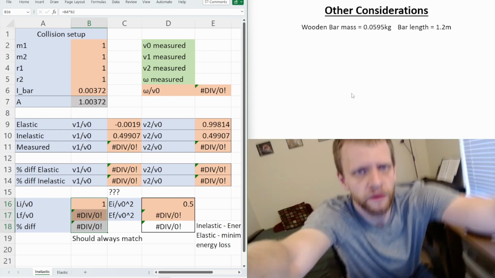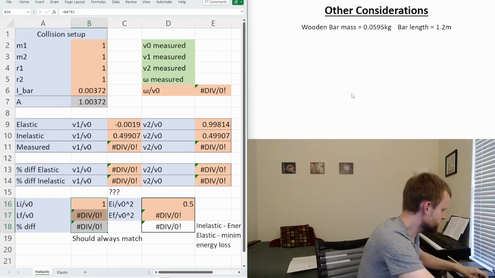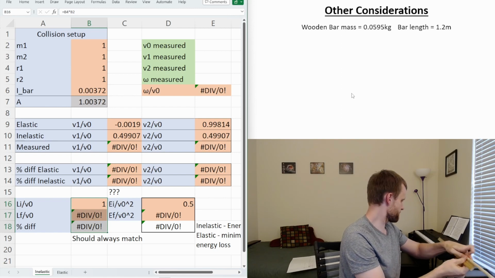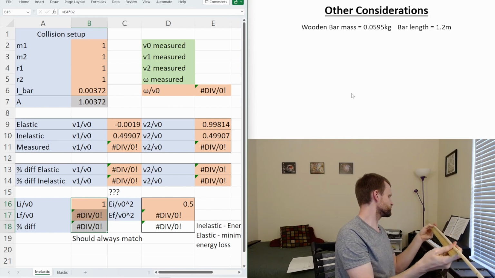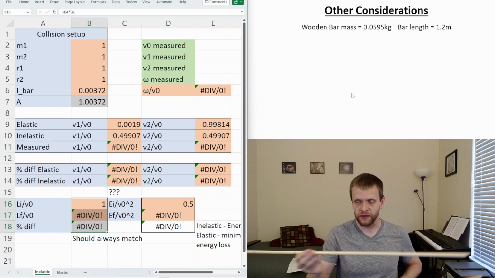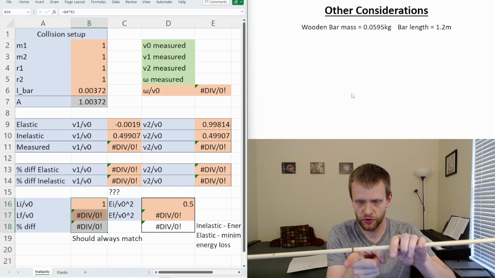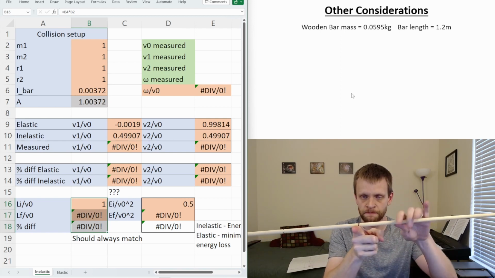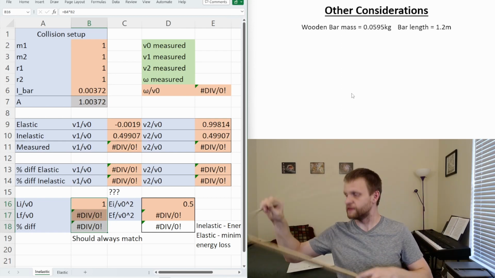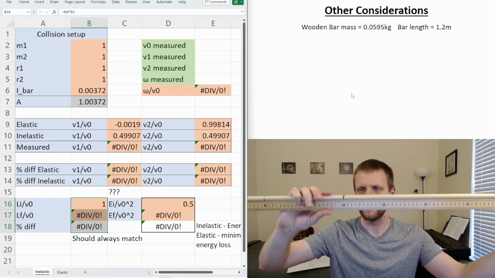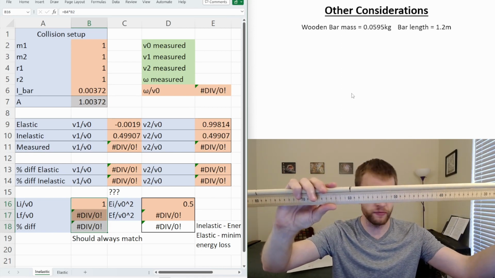This bar, the length of this bar, so let me just measure this on here. First, this is the midpoint of the bar. I've marked off that midpoint of the bar, so that's the point where it's nice and level. The total bar is 1.2 meters long.